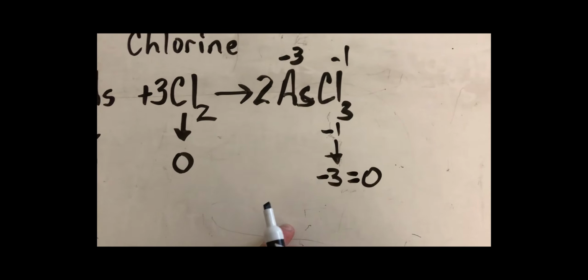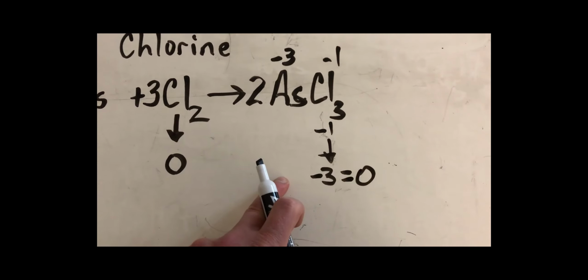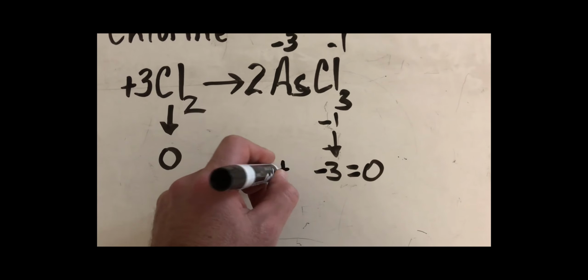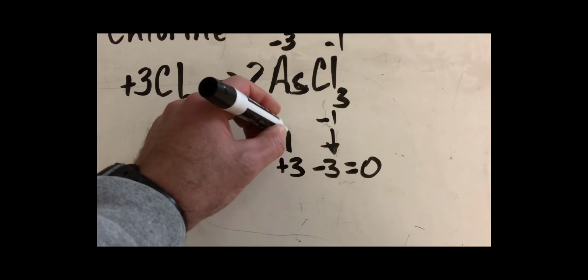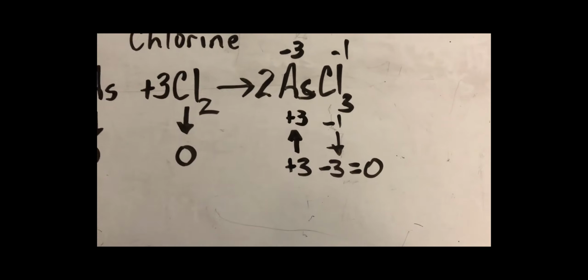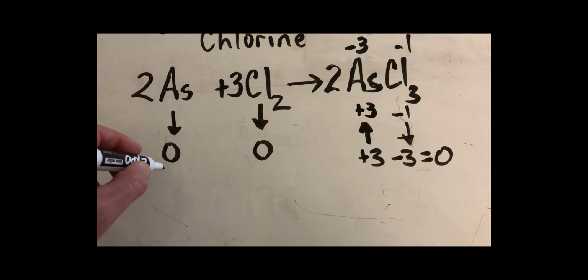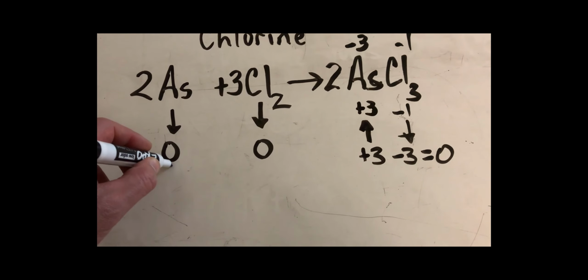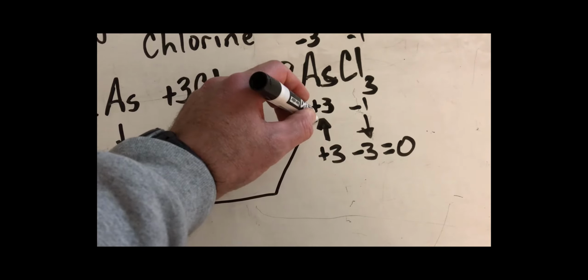Okay, so what must this arsenic be to make this work? Well, obviously this needs to be a +3 to make this mathematically true, and I only have 1 arsenic, and so this is a +3 charge. And so now if I take a look at this, okay, arsenic is going from a 0 charge to a +3 charge.